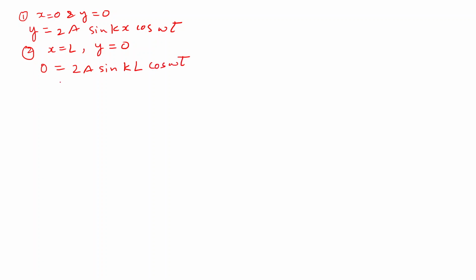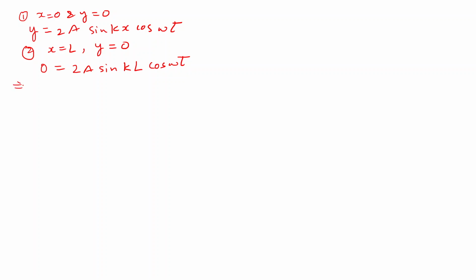This is 0, and cos omega t is a constant, 2a is a constant. We are only substituting the value of x. That means sin kL is becoming 0, and that's why y is becoming 0.